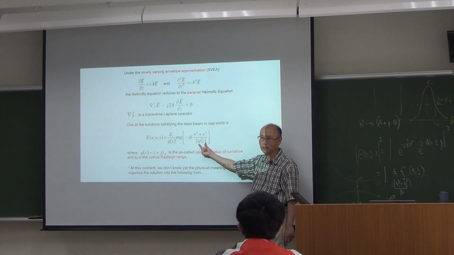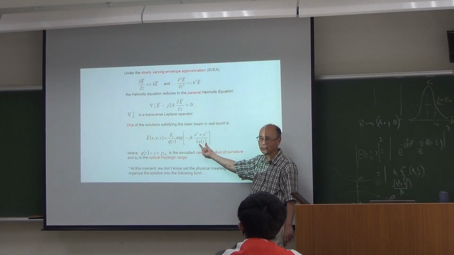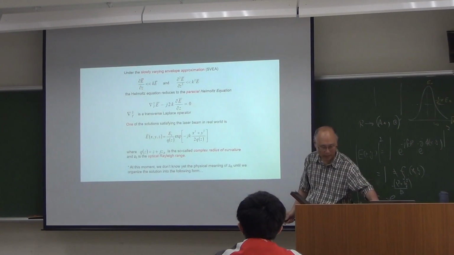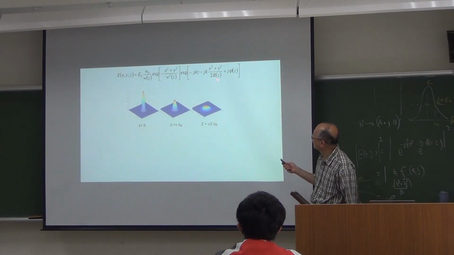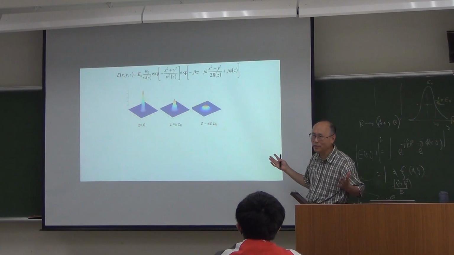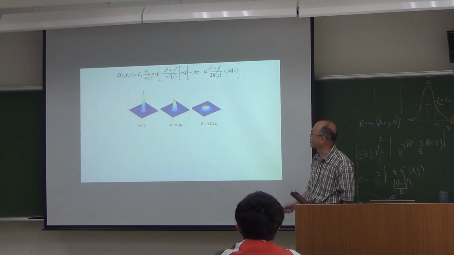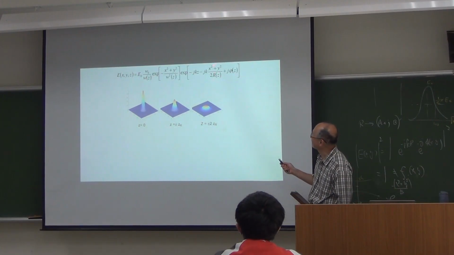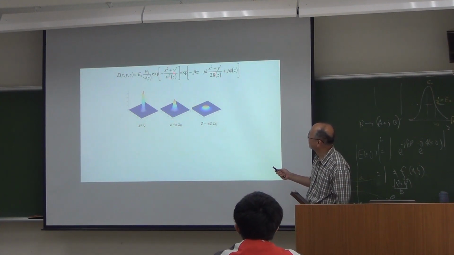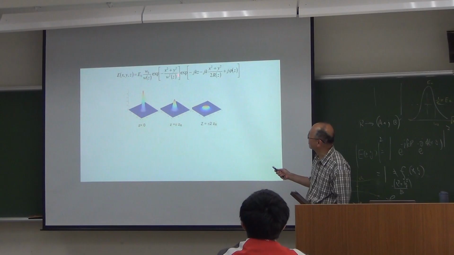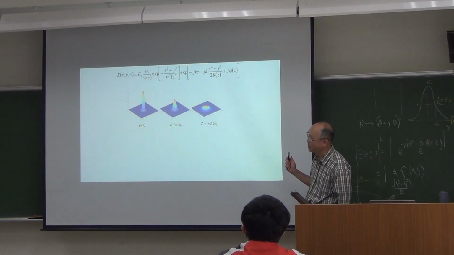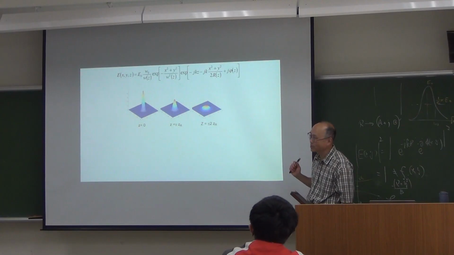Because this is a complex number, and then you ask, what is this? Well, expand it, and then you start to define this R and W, and then everything makes sense to you. Because you know that this R is the geometric radial curvature, and this W is the radius of the beam as a function of distance, and then this will grow with z.